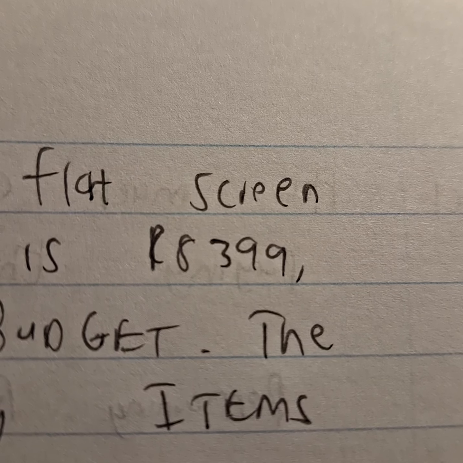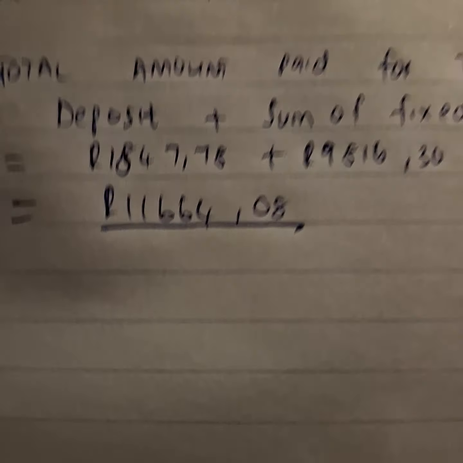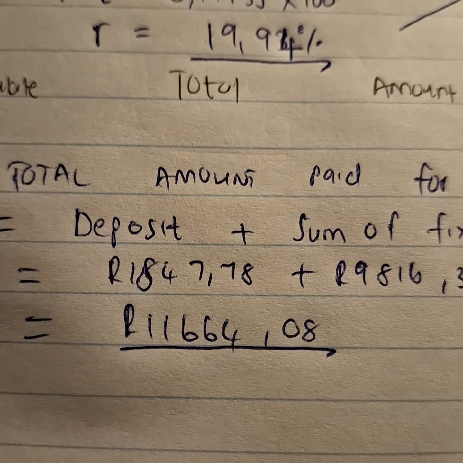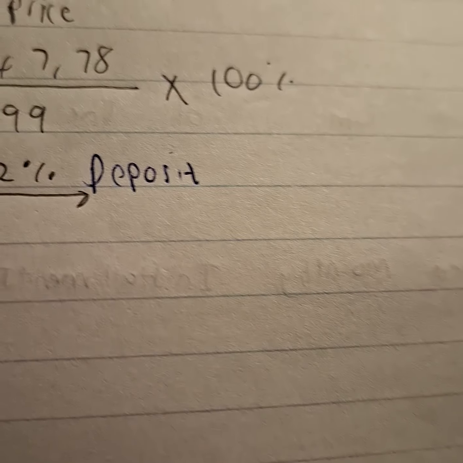If you had cash, you would have paid 8,399 at the beginning, and that would have been it. But because you don't have the cash amount available, you end up paying 11,664 rand 8 cents after 2.5 years. Okay, that's how I purchase. I hope.